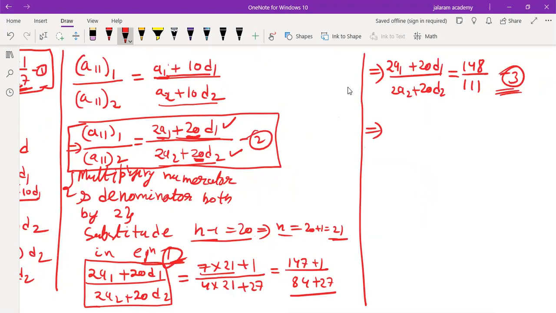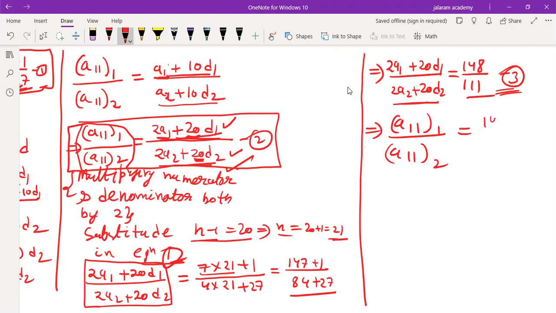So the left hand side of equation number 3 is the same as the right hand side of equation number 2. In equation number 2, the right hand side is 2a1 plus 20d1 over 2a2 plus 20d2, and the left hand side of the third equation is also the same. So if we compare these two equations, their other sides will also be equal, meaning the 11th term of the first AP to the 11th term of the second AP equals 148 by 111.